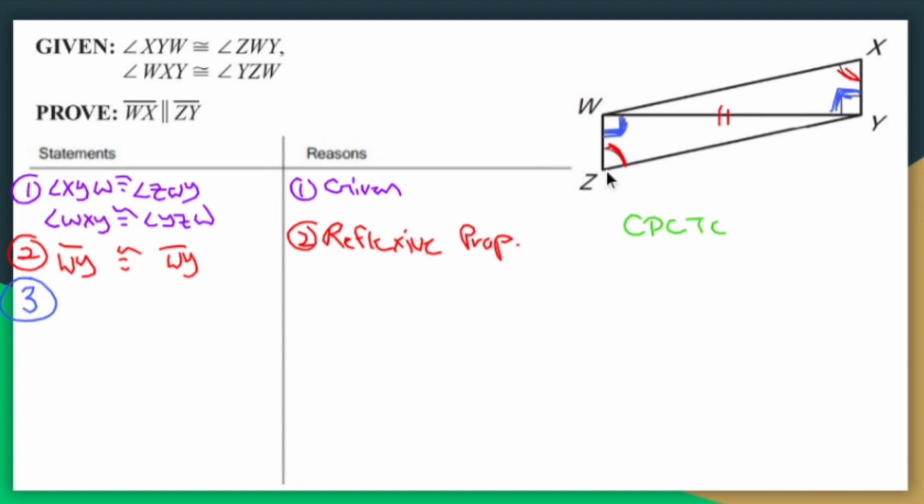Now I have two angles. Ooh, and a non-included side. That's AAS. So I can say that these two triangles, let's put it in order. Y matches up with W. Z matches up with X. So X, Z, and what's left?